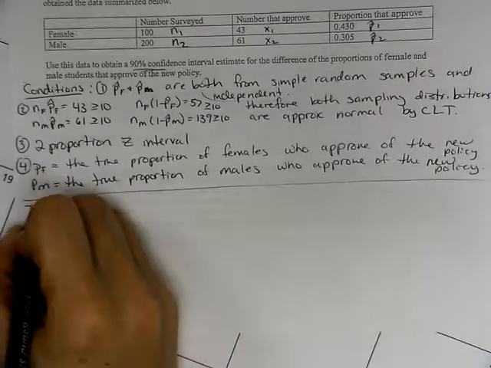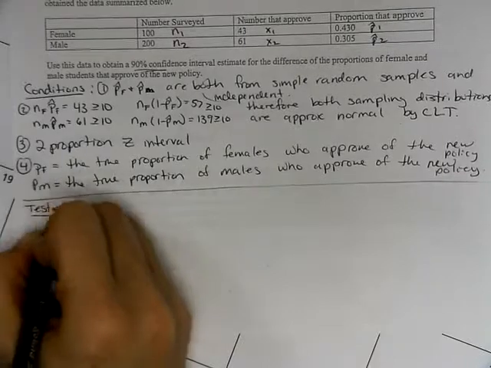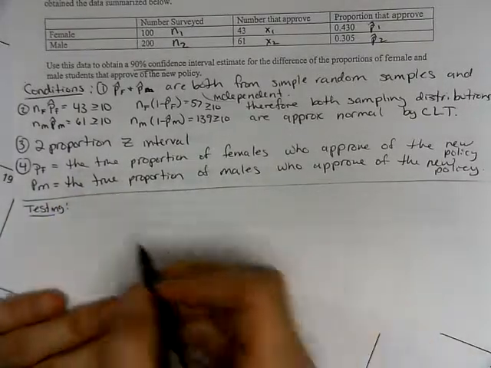So for testing, we don't have an H0 and an Ha because it's a confidence interval.